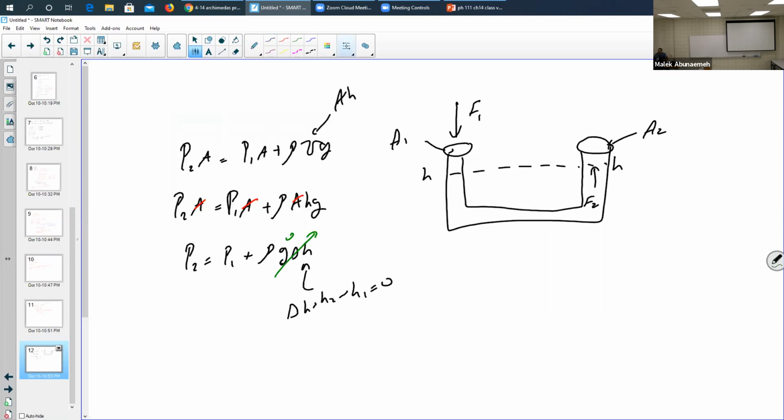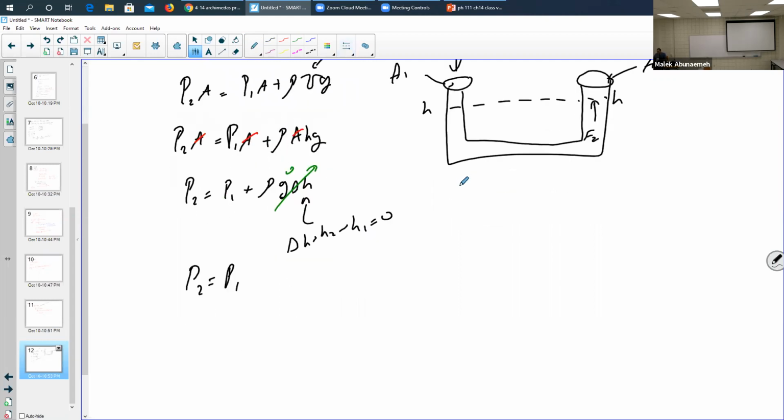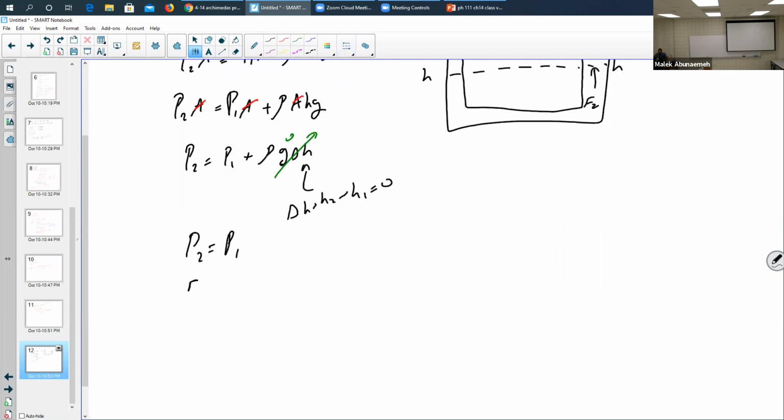That means your P2 is going to equal P1, which means that F2 over A2 is going to equal F1 over A1. That means your second force that's needed is going to equal your first force multiplied by the ratio of the areas.